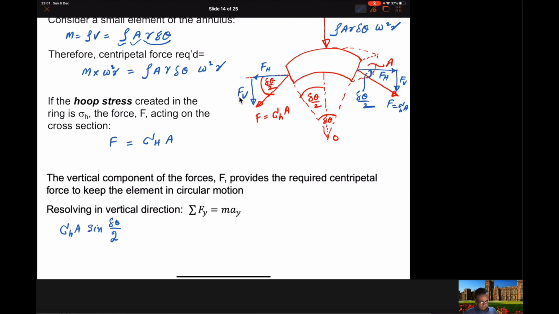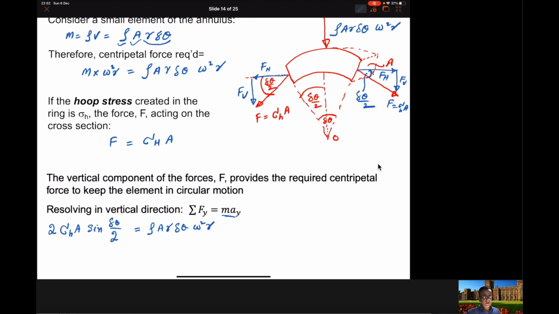And you multiply this by 2 because we have two forces, one on this side and one on the other side, and this will be equal to the centripetal force, m a. So you have density times A, r, delta theta and omega square r.